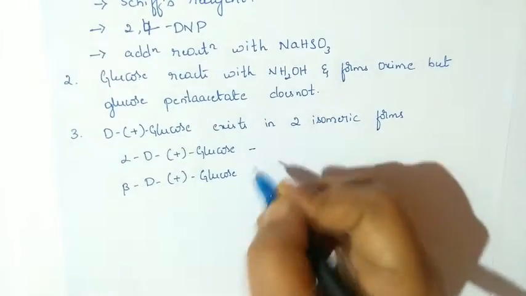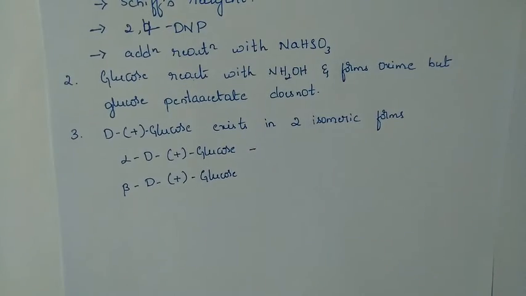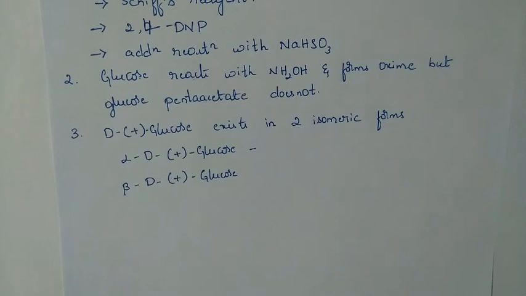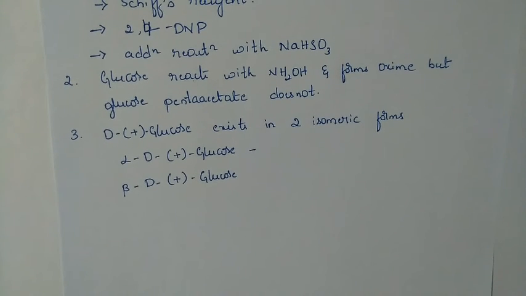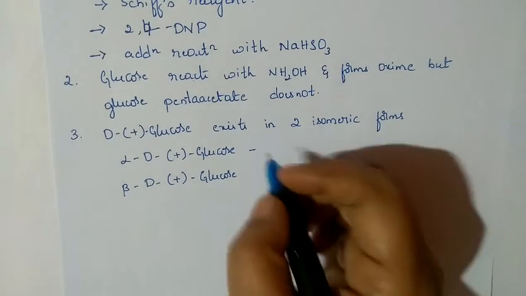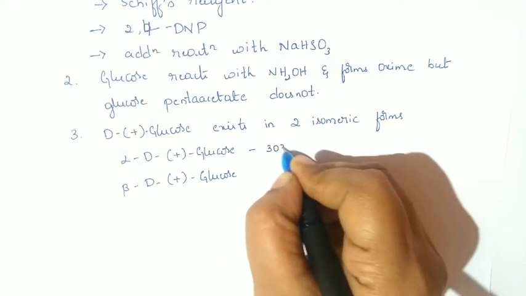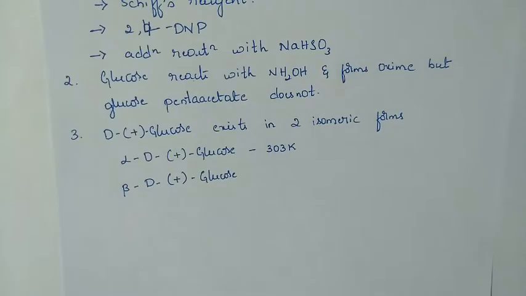These are two different things. If an aqueous solution of alpha D plus glucose is prepared and you are crystallizing it, whenever it is heated to a little higher temperature, the solute crystallizes at 303 Kelvin.